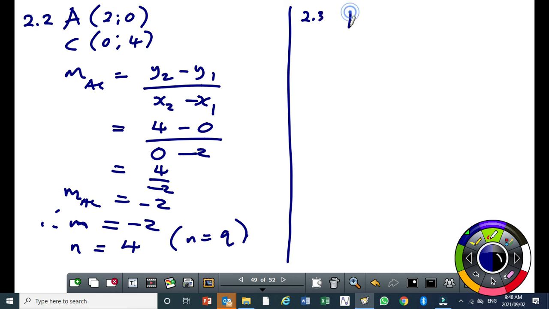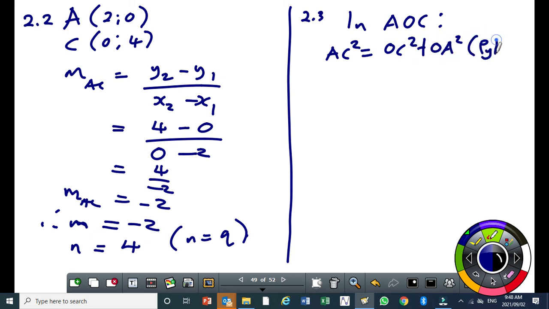For 2.3, you must identify a triangle. I'll say triangle AOC, right? So I'm going to have AC squared is equal to OC squared plus OA squared. This is Pythagoras. My OC is equal to 4 squared. My OA is equal to 2.